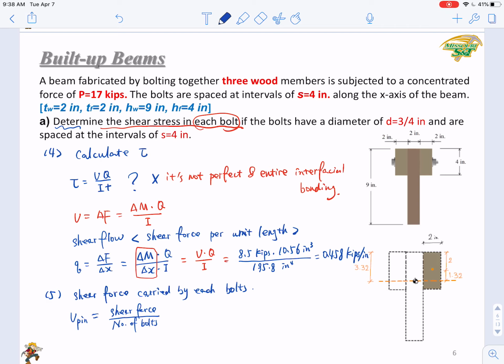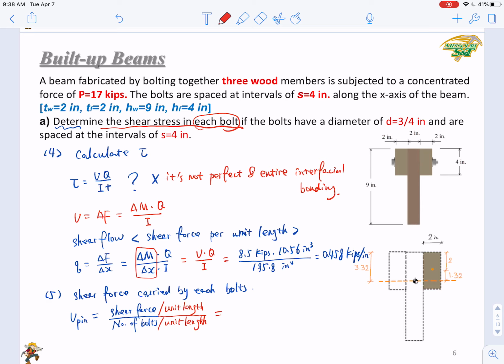So this is a logical equation, and it's still valid if you divide both the numerator and denominator per unit length. So this equation will still be valid.